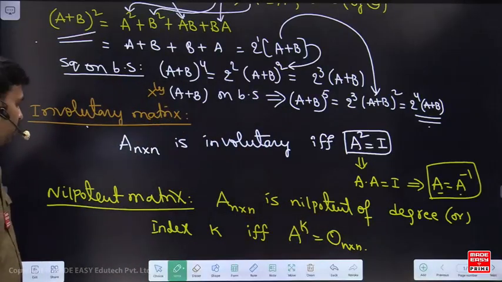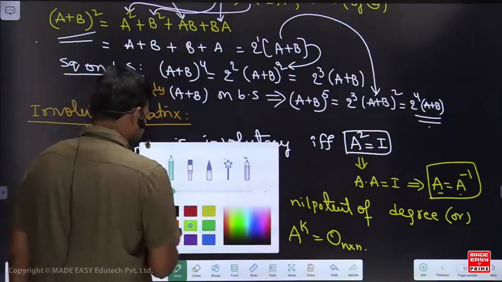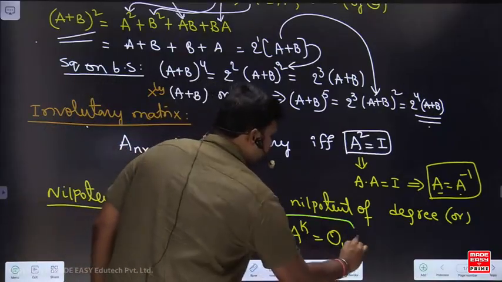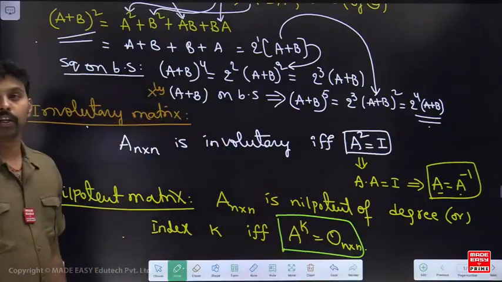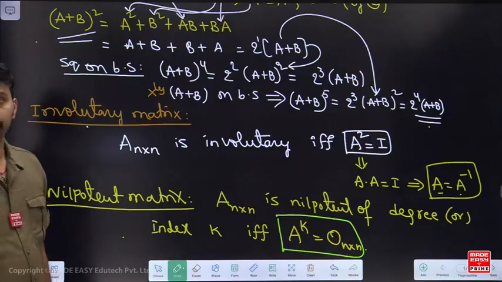A power k is equal to the null matrix. So this is the condition for the nilpotent matrix here, right?